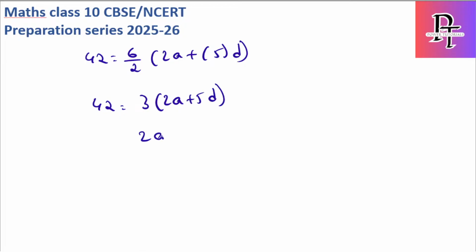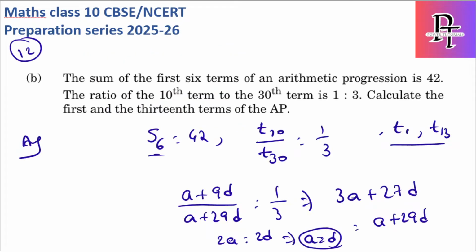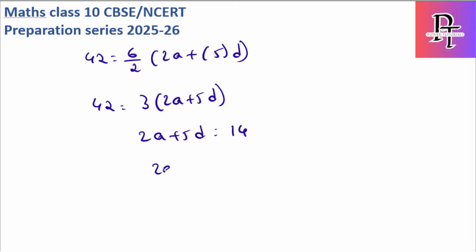I got 2a plus 5d as 42 by 3, which is 14. What's the other condition we have? a is equal to d, so simply substitute the d value as a here, because both are the same. So 2a plus 5a is 14. So 7a is 14, so the a value is 2. In the same way, d is also 2.